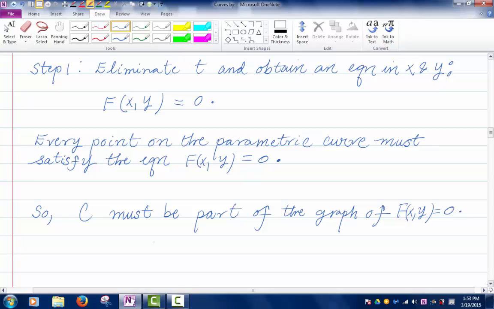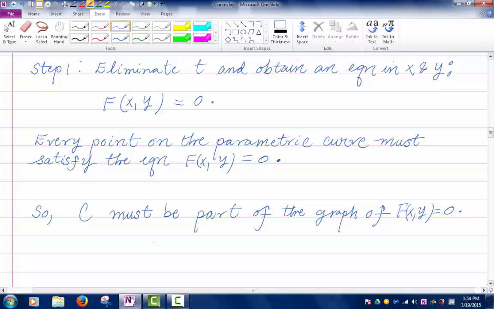We will try to see if we can eliminate the parameter t and obtain a relationship between x and y. Am I making sense? Between the component functions, is there a relationship between the variables x and y? X depends on t, y depends on t. Can I come up with an equation involving x and y, getting rid of t? If I can, what is that going to tell me?